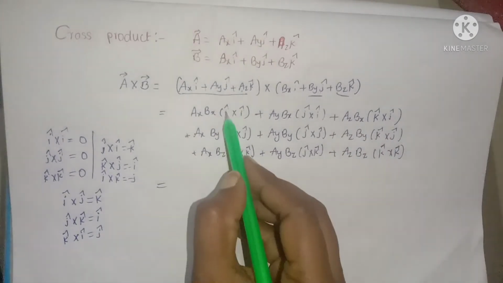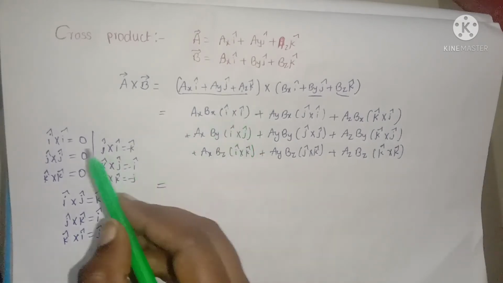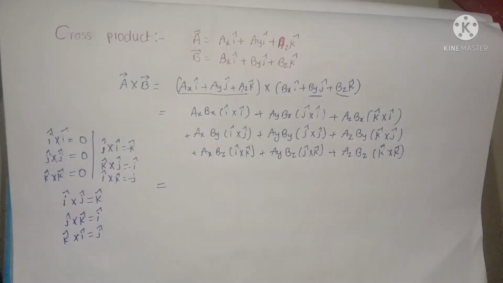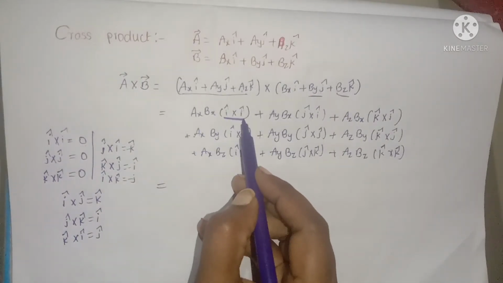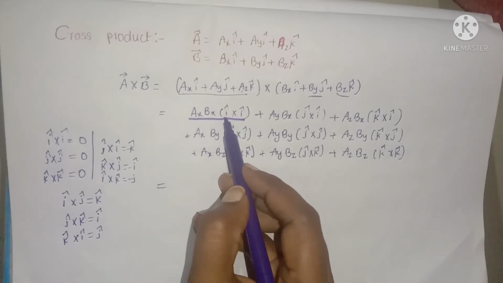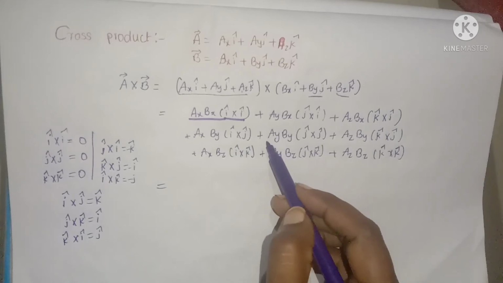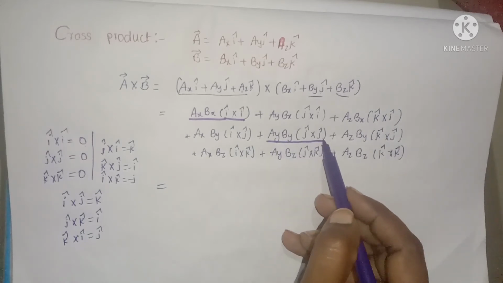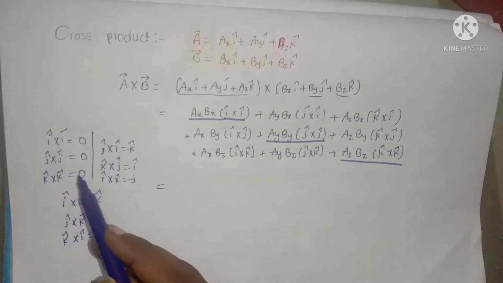So first here, i cross i. i cross i means that value is 0. So this total term became 0. Same like j cross j, so this term also became 0, and k cross k becomes 0 by these rules.